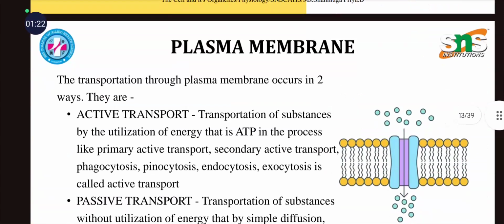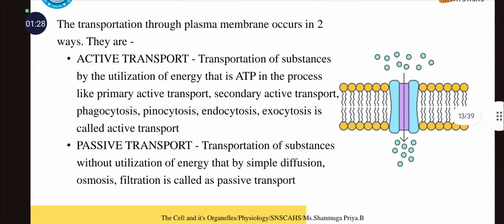The transportation across this plasma membrane occurs in two ways. They are active transport and passive transport. Active transport is the transportation of substances by the utilization of energy, that is ATP, in processes like primary active transport, secondary active transport, phagocytosis, pinocytosis, endocytosis, and exocytosis.